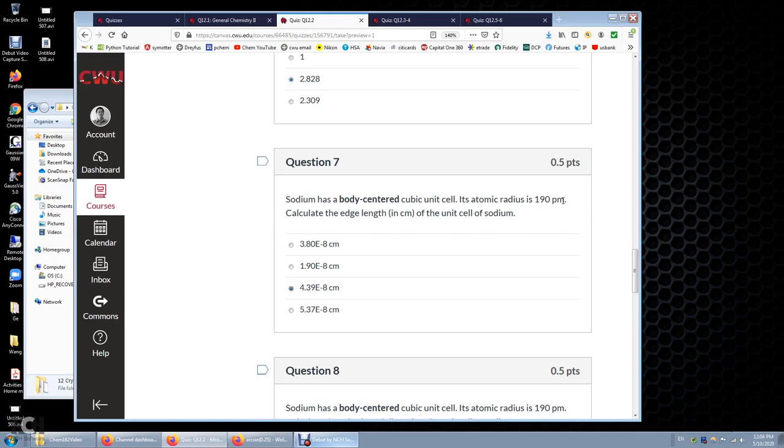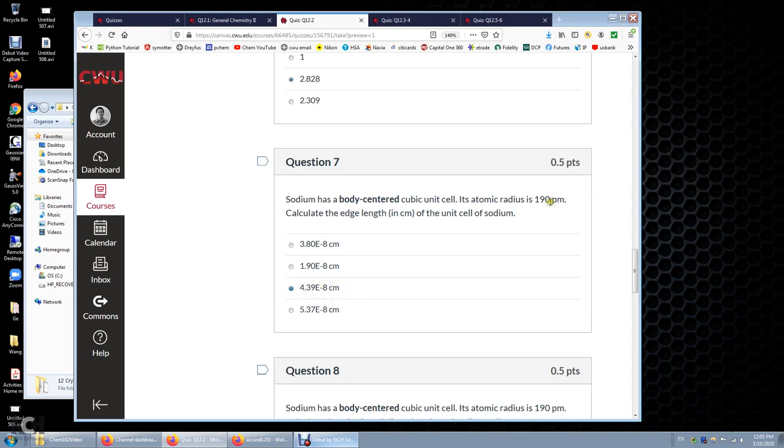That's the so-called body diagonal. So 190 times 4, that's 760. And that's the square root of 3 times the edge length. So you have to use 760 divided by the square root of 3. So 760 divided by 1.732. You get 4 point something. It's over here.